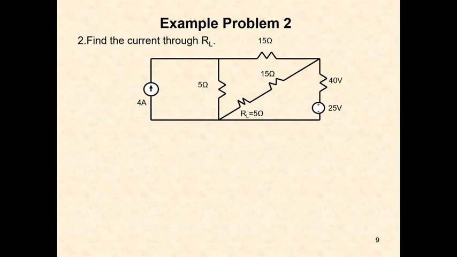See, take another problem. Here there is a voltage source and there is a current source. Both different things are there. So find the current through RL. RL is a 5 ohm resistor and a 15 ohm resistor, both in series.